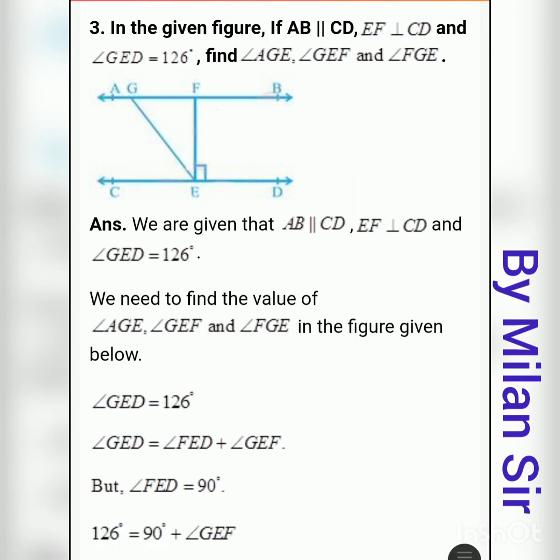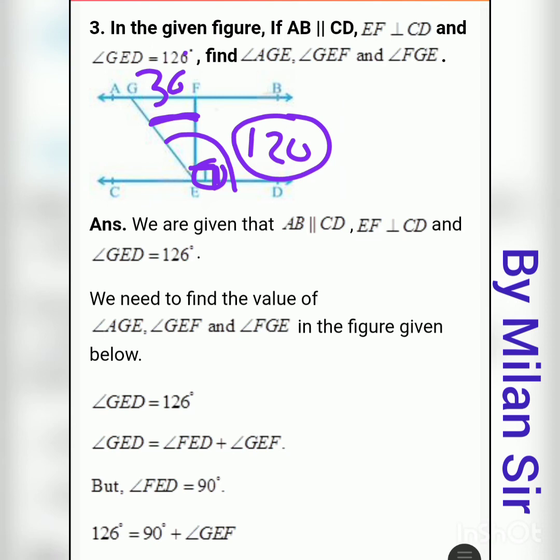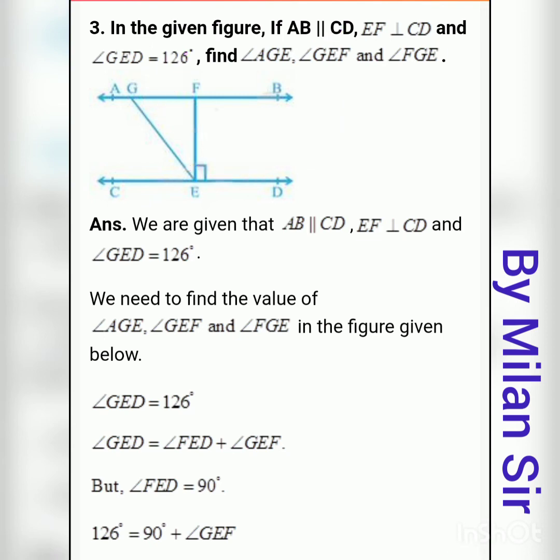Okay, here we know the value of the full angle, 120 degree. Up to this we have the value 90 degree. So 120 minus 90 degree, so this remaining angle is 30 degree. Okay, so in this way we can find the value of GEF. From this whole angle 120 minus this 90 degree, you will get the value of this angle, and this is the angle GEF.